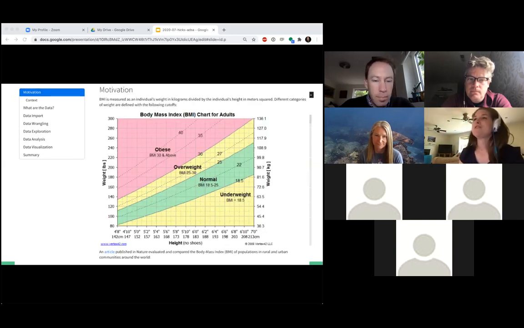So when you start into the motivation section, we talk about the different types of data that you can use. In this case, we introduce the concept of body mass index as the way we're quantifying obesity. There's a lot of information out there about BMIs, and we're just trying to educate the students about BMIs.